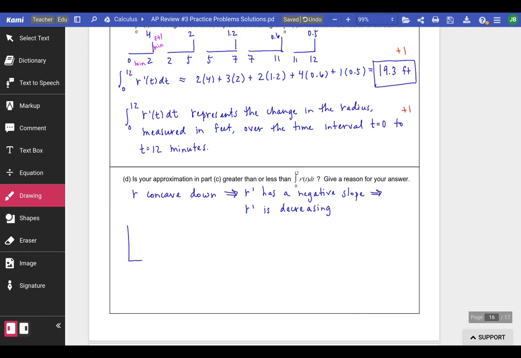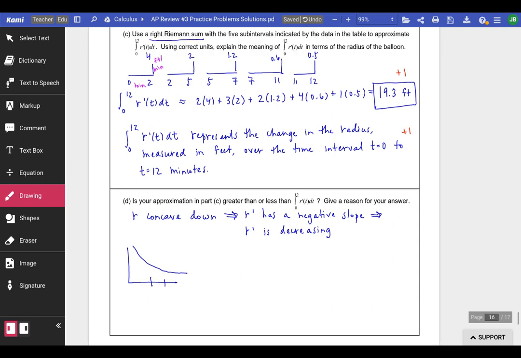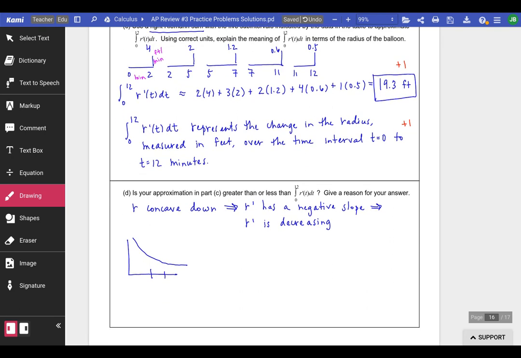Now, I know that r prime is decreasing, so I have a decreasing function, and I used a right Riemann sum. So I used the right endpoint to determine the height of my rectangle. It means this was an underestimate.